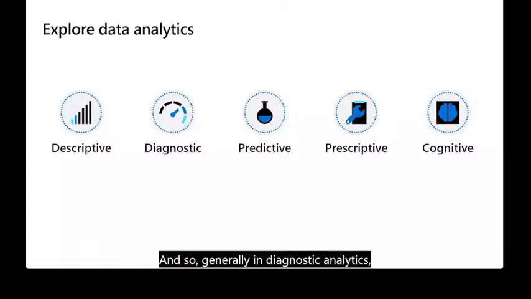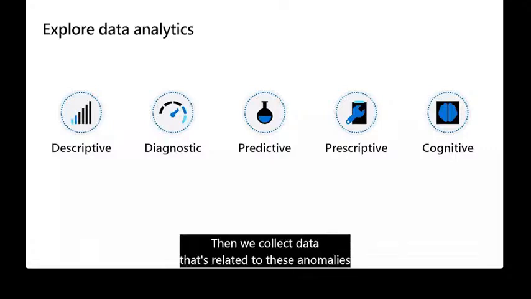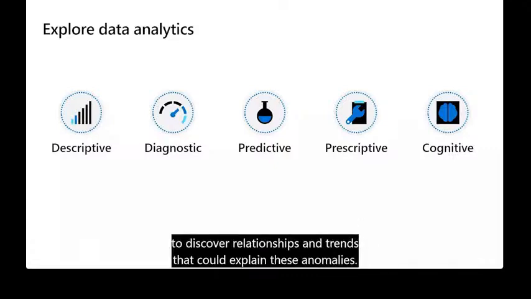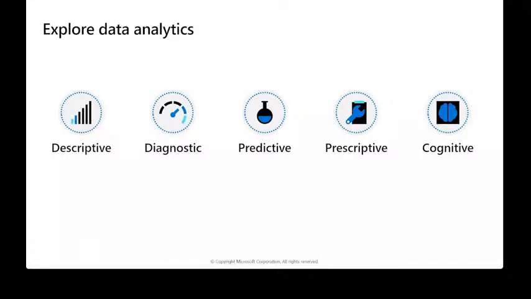Generally in diagnostic analytics, we take 3 steps in this approach. We identify the anomalies in the data, so these could be unexpected changes in the metric or particular market. Then we collect data that's related to these anomalies. And then we use statistical methods to discover relationships and trends that could explain these anomalies.